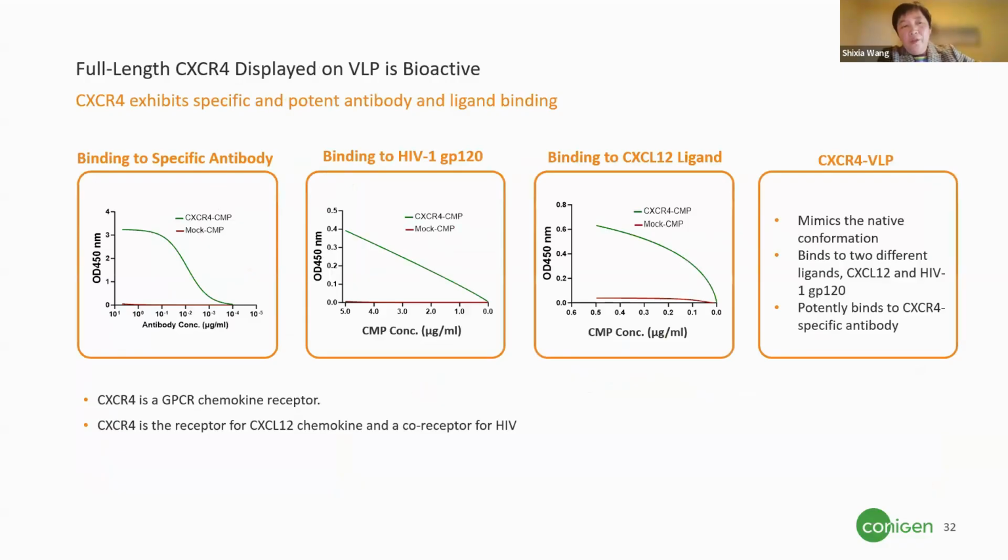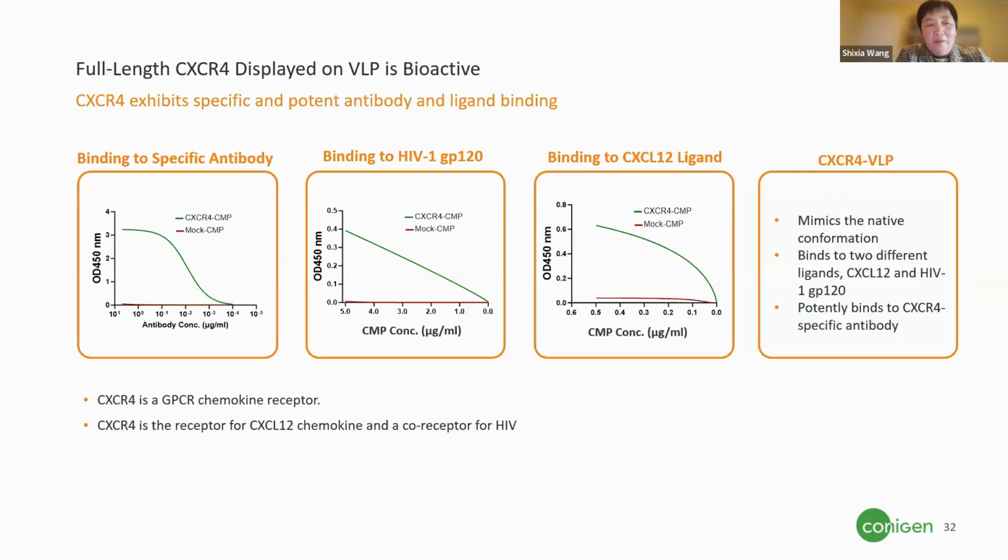Here our example is CXCR4. CXCR4 is a GPCR chemokine receptor. There are two ligands. One is a chemokine ligand, CXCL12, and it's also the co-receptor for HIV infection. After we produced this CXCR4 full-length VLP, we first tested the binding to the specific antibodies, and it bound very potently.